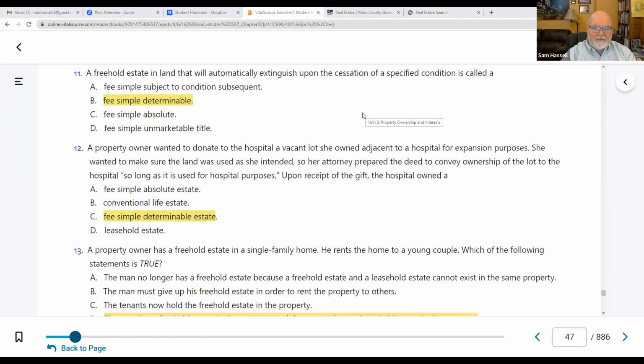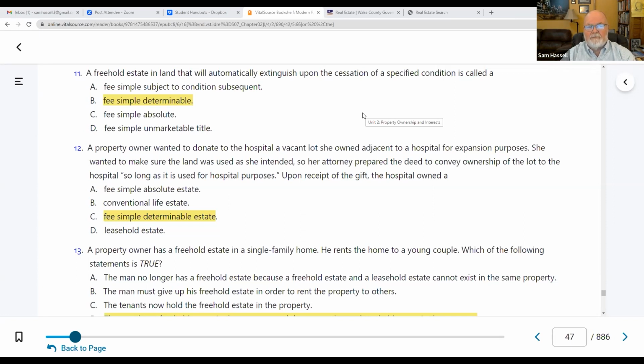I'm going to give you this land or I'm going to sell you this land with the rule that says that you must continue to use it as, if it's hospital land, you must continue to use this as hospital property, doing whatever it is you're doing now, forever. If not, I can go to court and get it back. This is called a fee simple determinable, right? You're doing something, it must continue to be done, all right? If it's something subsequent, it would be condition subsequent, and we'll talk about that when we get to that question.